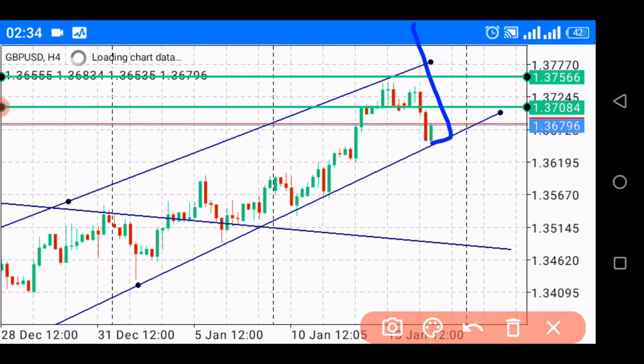So my exit plan here, as I'm having 50 pips, is to lock in 30 pips. In case the market starts coming back, it will take me out and hit my stop loss, but at least I will still have 30 pips.